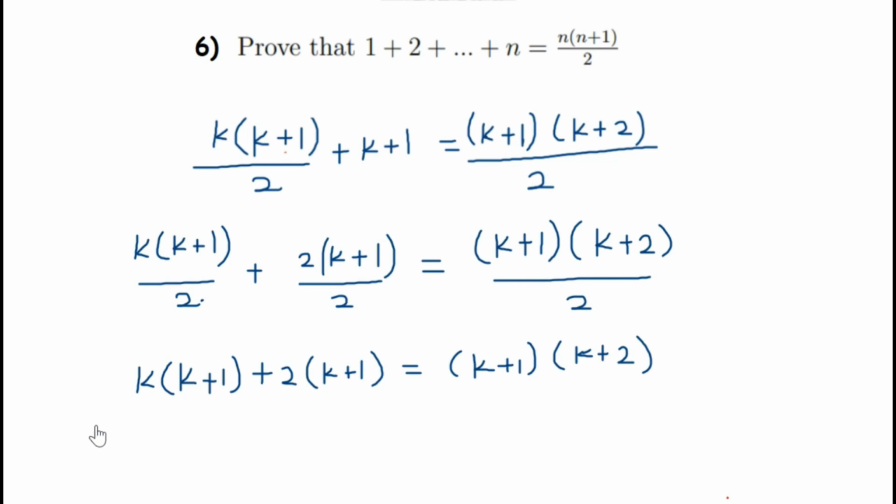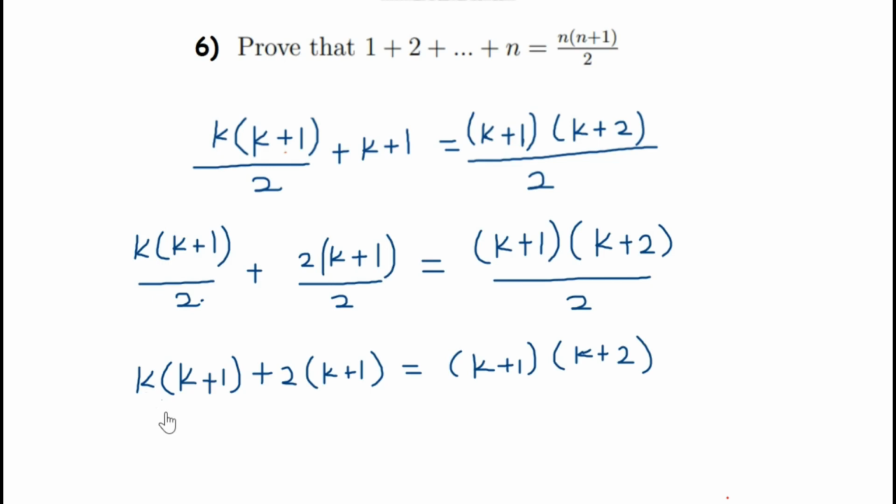Looking at this side here, this is like factorization. You see we have k plus 1 common to both terms, and you have k plus 2 here. It's like we have distributed the k and the 2. That's like one bracket multiplying the other.